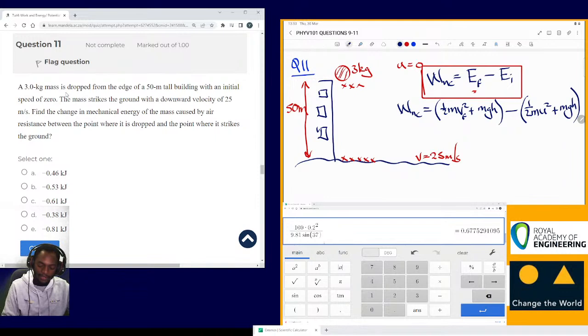So this is our initial height and this is our final. At our final position, h is going to be equal to 0.